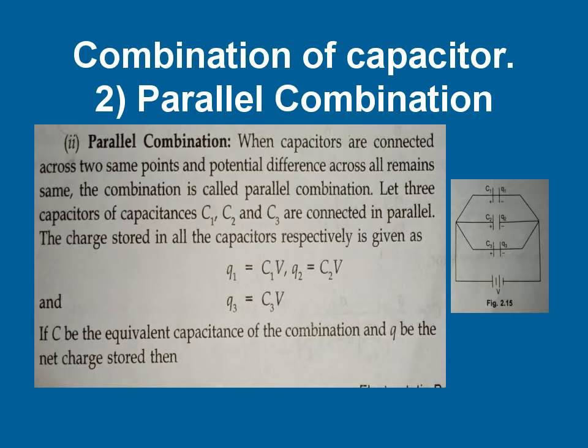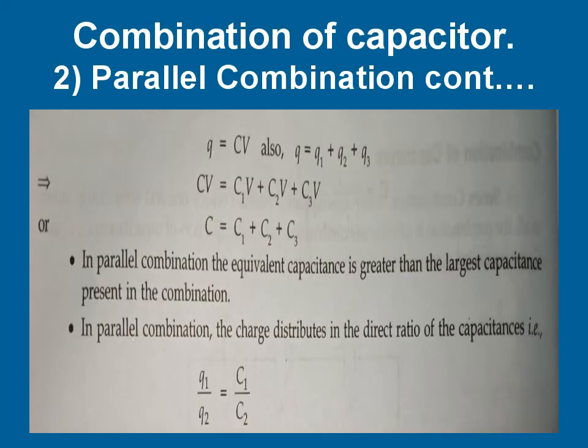As you know, in parallel combination charges divide. That's why we get Q equals Q1 plus Q2 plus Q3. We continue in the next slide. As we discussed in the previous slide, Q equals Q1 plus Q2 plus Q3.